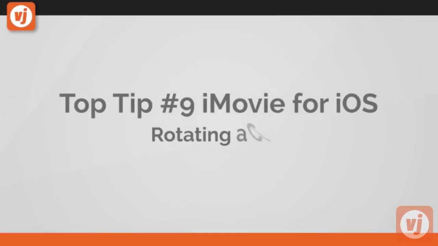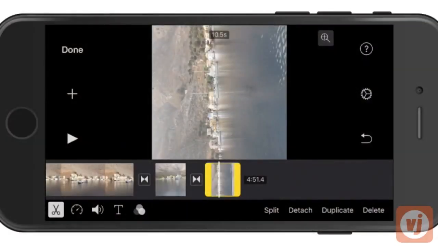Top tip number 9 is rotating a clip. Now, if you've accidentally shot your footage in portrait mode instead of landscape, so if you were holding your phone vertically instead of horizontally as you were shooting and got a great shot, you might think, oh, that's it, I screwed up. But you actually do get a second chance because you can rotate a clip once it's been added to your timeline.